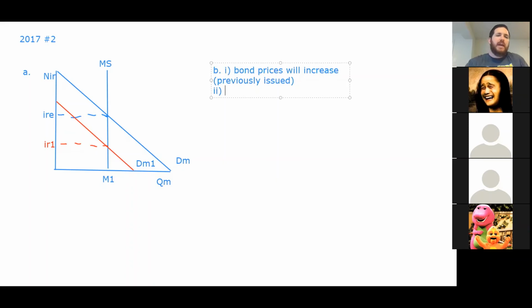All right, let's look at number 2. Number 2 for B asks, what happens to price level and real income? And you need to explain your answer. We know that nominal interest rate is going to decrease. Because nominal interest rate decreases, consumption and investment will increase.